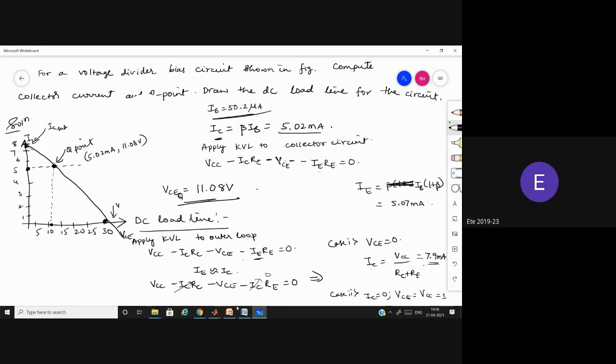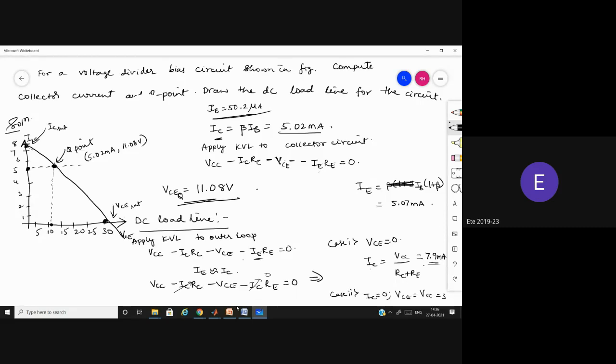This is VCE saturation. So this is how you need to do the problems. These are all the 8 marks problems that can be asked in the exam.